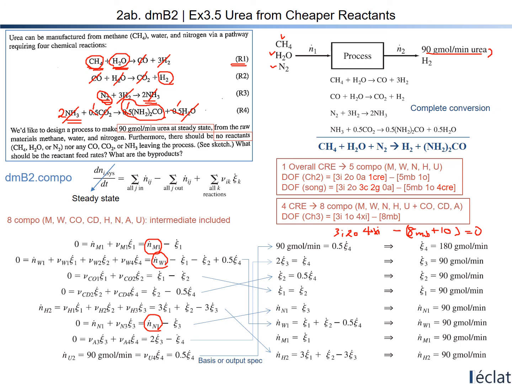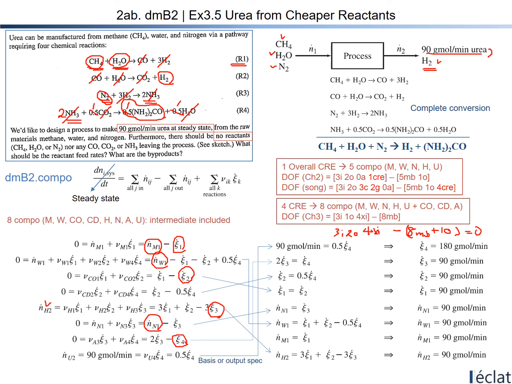And the other thing is one output variable that is for hydrogen. So here is the hydrogen. This is the unknown. And the other four unknowns are Xi1, Xi2, Xi3, Xi4.